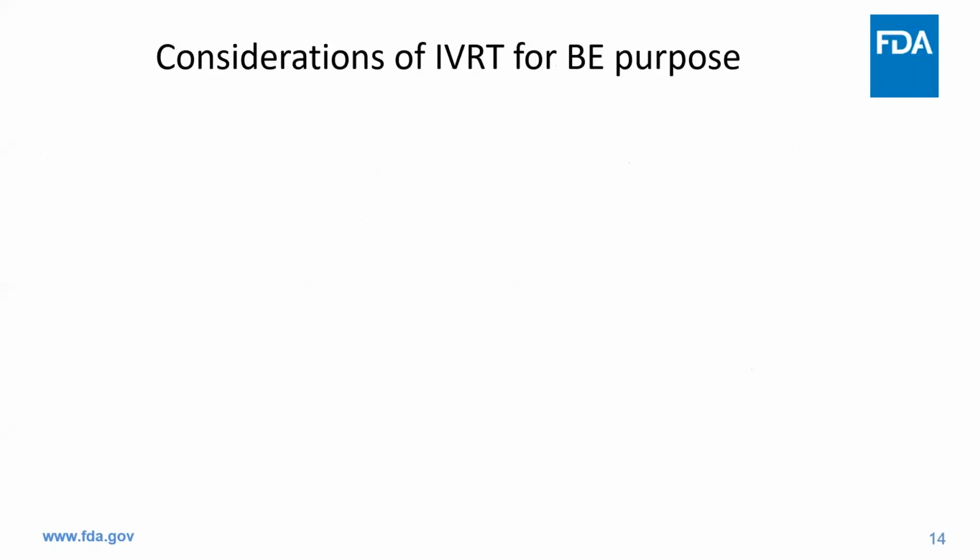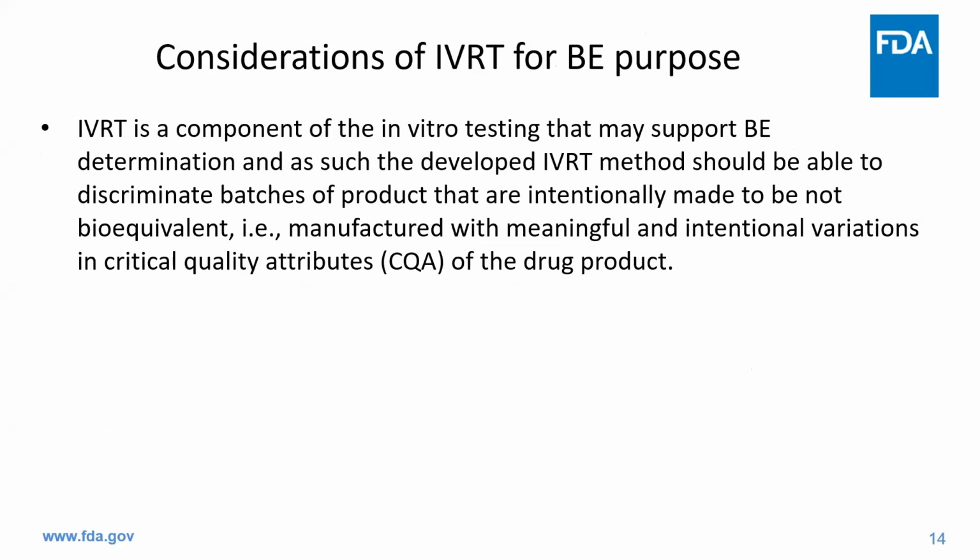Here are some considerations for in vitro release testing when used for bioequivalence purpose. One key aspect is that when used for BE purpose, an in vitro release test method should be able to discriminate the batches of product that are intentionally made to be not bioequivalent.